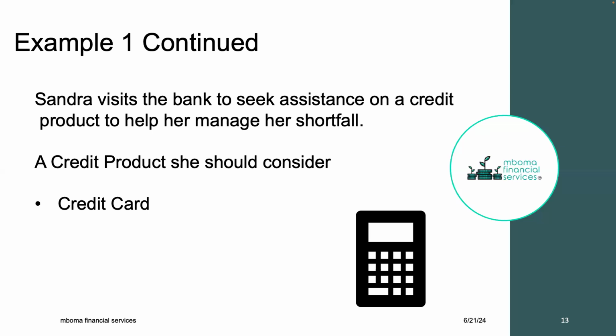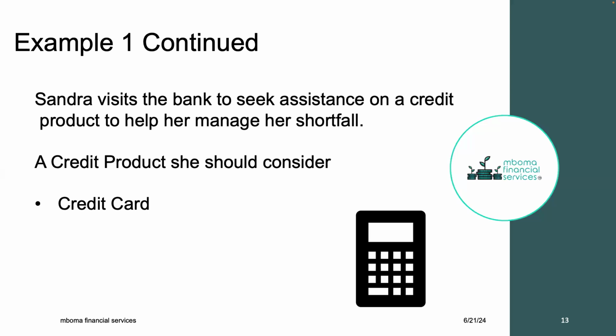So it's this situation that Sandra finds herself in. It does not mean that she's not going to find herself in this situation 3 months from now, or next month, or 6 months from now. So it's going to make sense for her to get a credit card, because if she gets a credit card from the bank, it means she will always have this credit card to utilize in situations where people don't pay her in time.